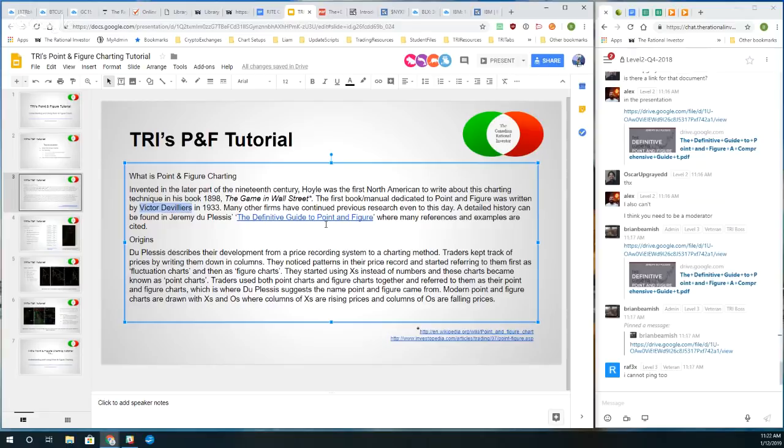In essence, the big takeaway of point and figure charting is this idea that we're going to remove time from the equation. So, as a result, we really are only going to plot price movement if we actually see price movement.